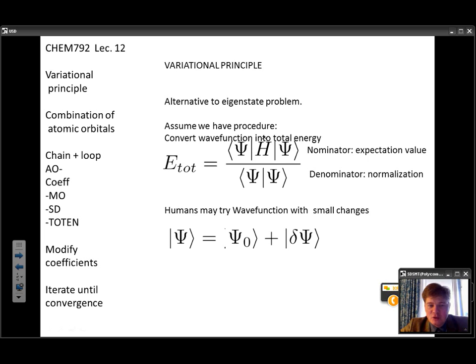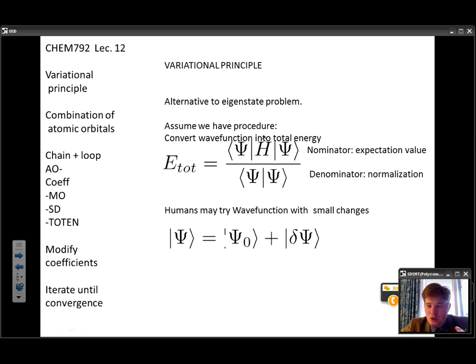So this little formula is nothing but the typical, standard expectation value formula. So you have bra and ket for the wave function. Here we assume a wave function of many electrons. Here is the precise many-electron Hamiltonian. And in the denominator, we do have the normalization factor.